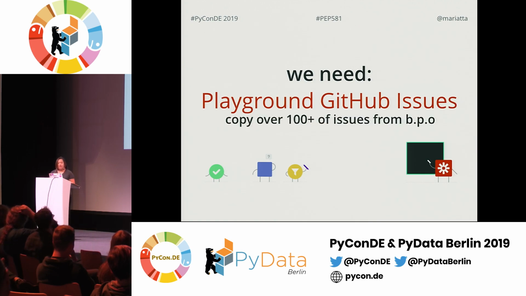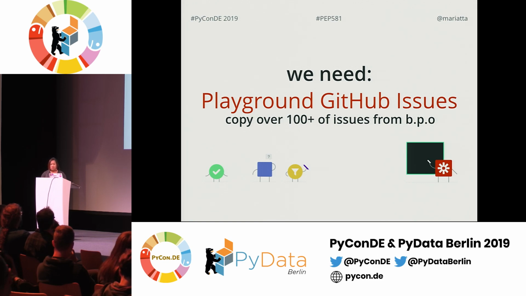And then we're going to need to have a test repository, a place where we can play with, like, we want to experiment with a new workflow, like how do we use issues on GitHub. The idea is to copy over about hundreds of existing issues from the existing bug tracker to GitHub and play with it and discover problems.